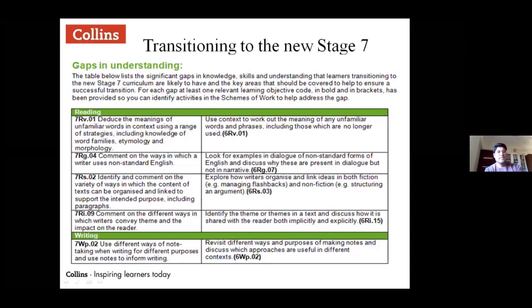You still have section A and section B. For the new syllabus, you still have two passages in paper 1, the non-fiction paper, text A and text B, and you need to answer section A, 25 marks, based on text A and text B, and the writing section, section B, 25 marks, separately. What has become a little more challenging is the kind of questions asked. We shall be discussing that in the forthcoming slides.